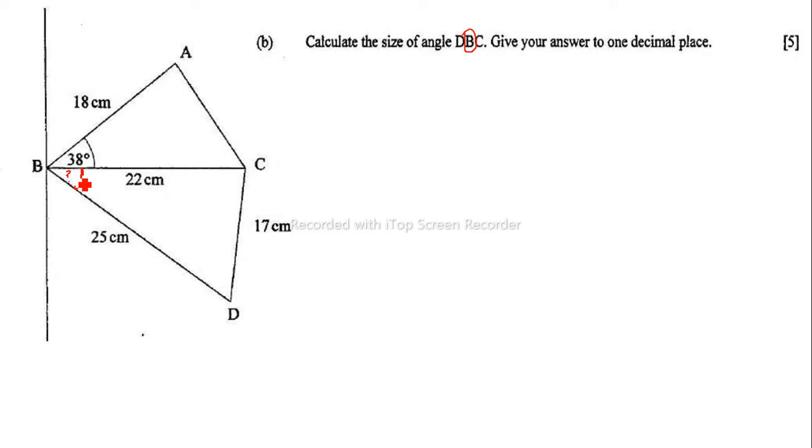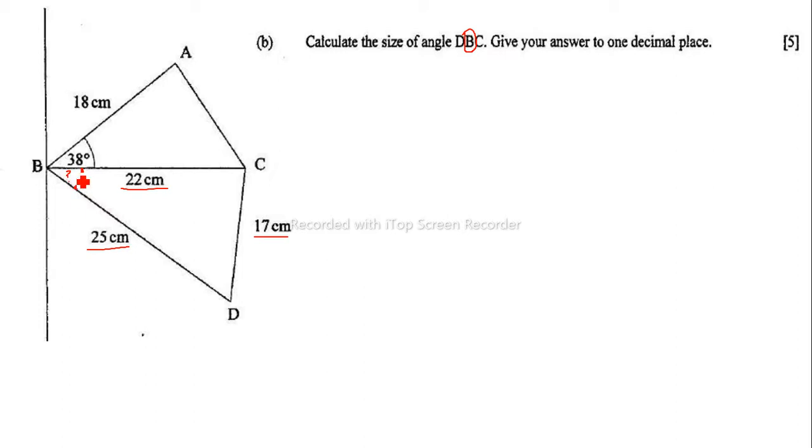Now, the good thing is that they give us the length of 3 sides. So we got this length, we got this length, and we got this length. So we got the length of all 3 sides. We just don't have this particular angle.